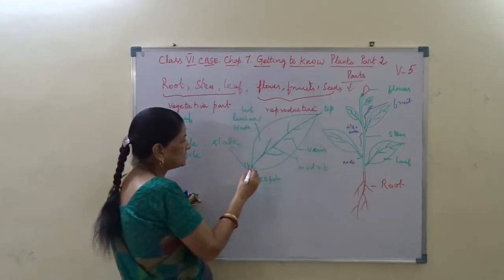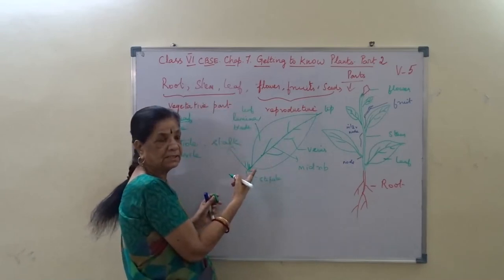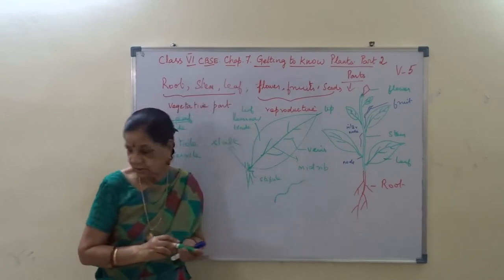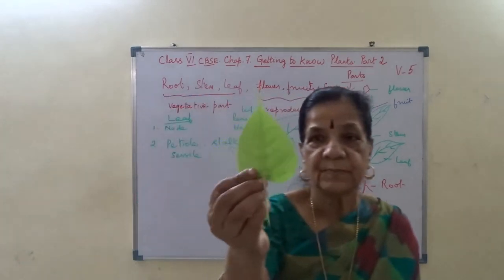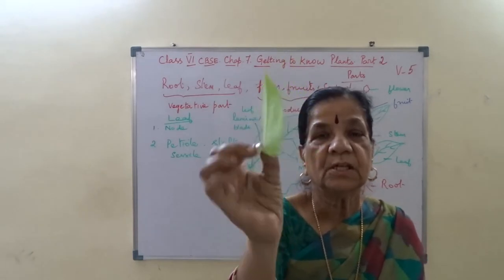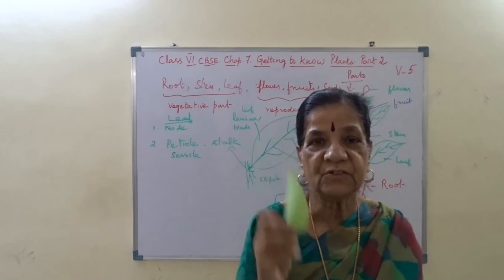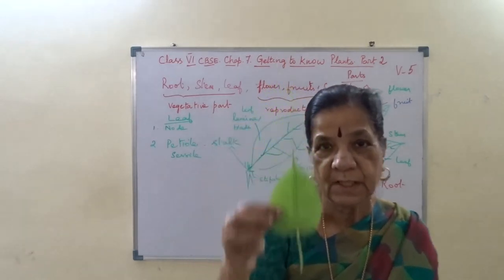And this margin of the leaf may be smooth in nature like this, or it is wavy in nature. That wavy leaf you can find in this. In this, the leaves are not smooth, they are wavy in nature. That is wavy leaf. Okay.